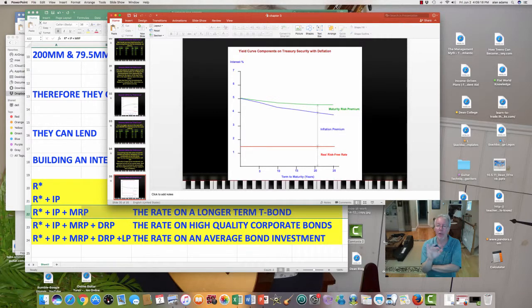Now instead of going up, it's coming down because people knew that inflation was not sustainable where it was in the late 70s. So when you stack these and add them all up, you see that the green line indicates a downward sloping yield curve. That's how the yield curve works, specifically on a long-term U.S. bond. That brings us to the end of the chapter.